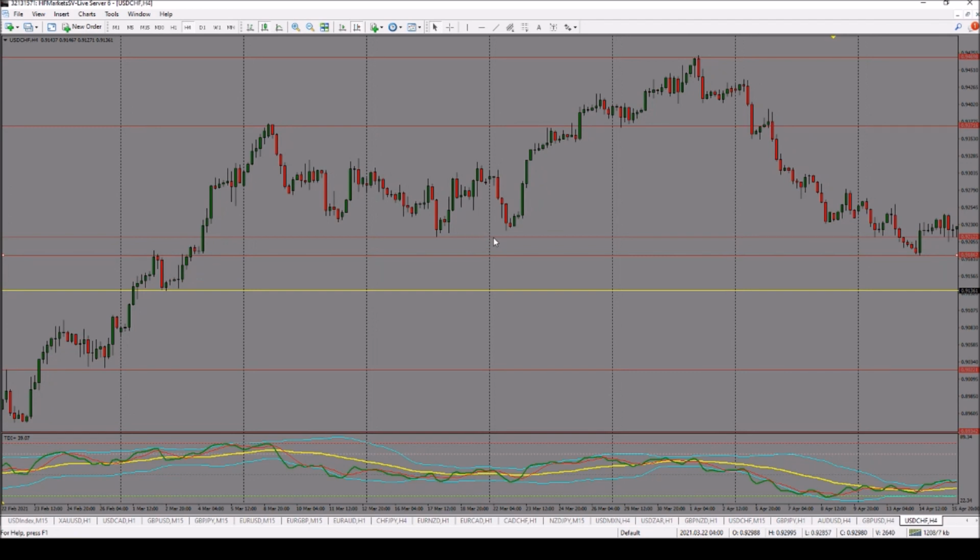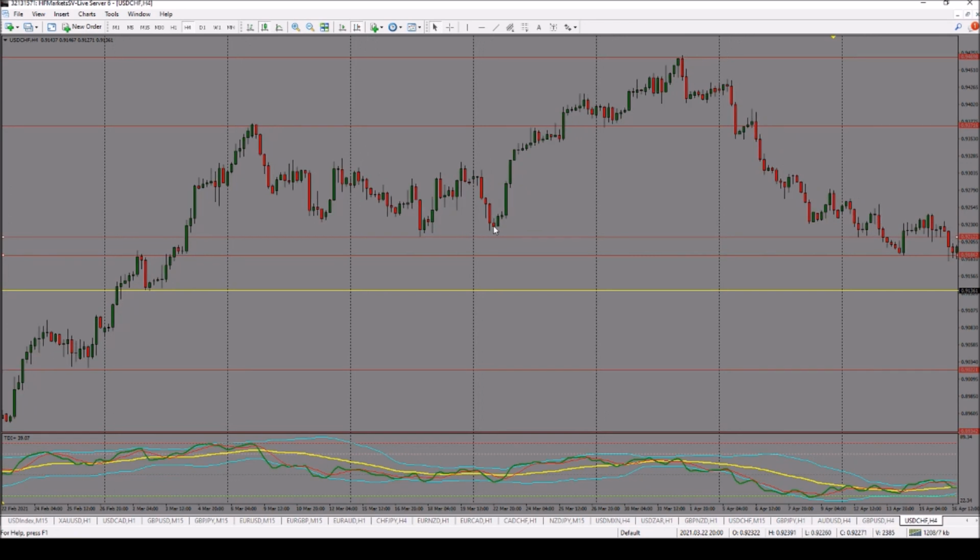So what are we now saying? We are saying we are now in a downward move. The market came across a zone of demand or a support zone, and it bounced. What we are now waiting for is to see the market breaking this zone of support and making it a resistance.